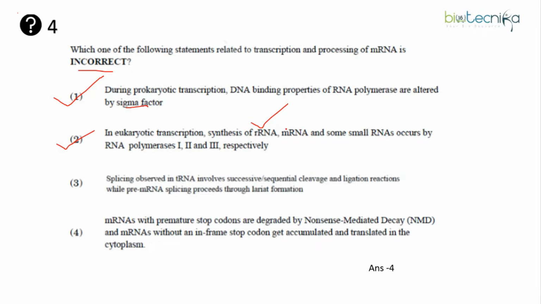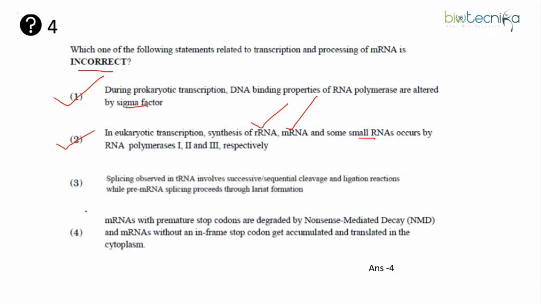Pol 2 synthesizes your mRNA and most of the small RNAs, small nuclear RNAs and all. But yes, some of the small RNAs are synthesized by Pol 3 also. Okay, so this statement is correct.